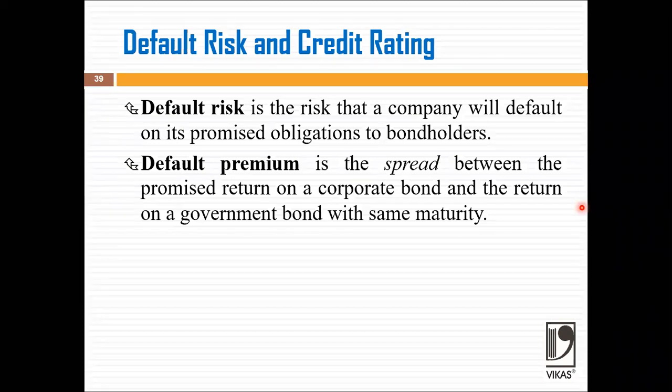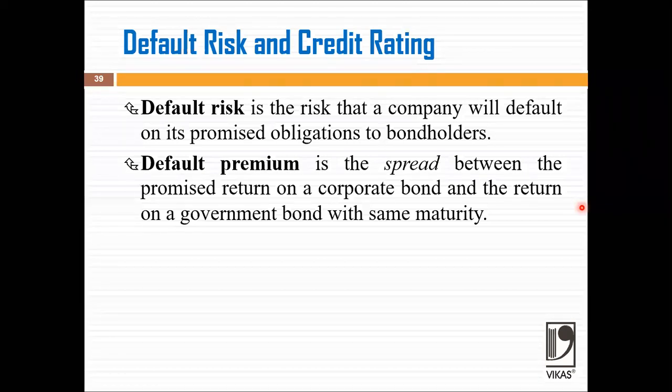So therefore, do we expect a higher interest rate or not from the company to invest in those bonds? Do you expect the same rate of interest, or do you expect a higher rate of interest to invest in the company's bond? Yeah, you expect a higher rate of interest from the company's bond because of the uncertainty.